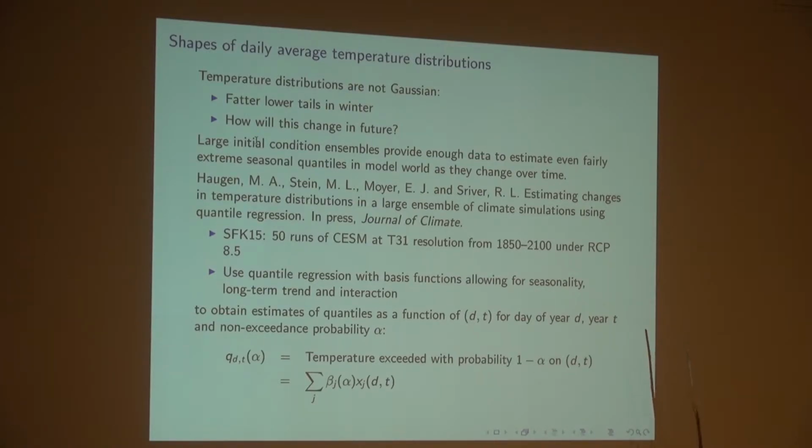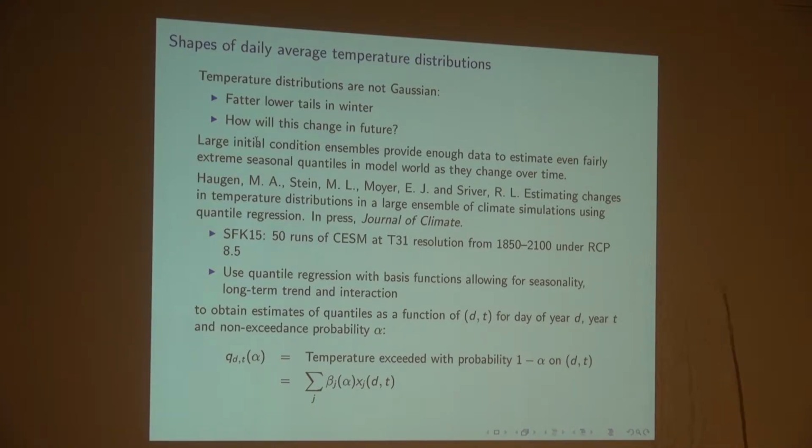That we can learn something useful, at least about climate model world, by running multiple realizations of the same climate model, and in particular, exactly the same climate model, just with different initial conditions. So there are these initial condition ensembles out there, and Shriver and two of his co-authors did a 50-run initial condition ensemble of CESM, T31, quite low resolution.